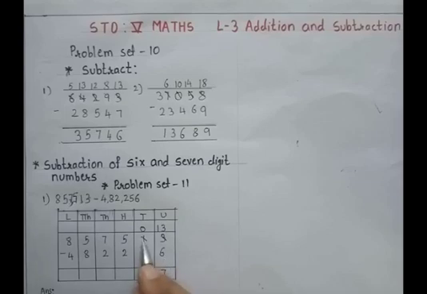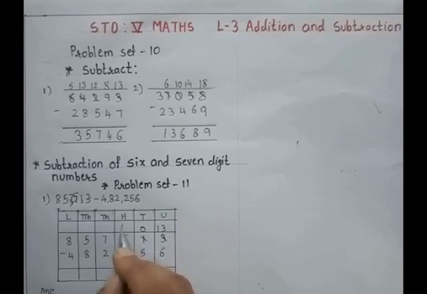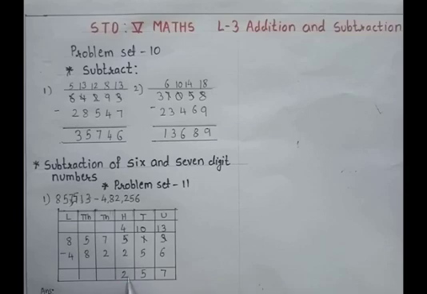Can we subtract 5 from 0? No. So we have to borrow 1 from 5. Cut 1, write down 4, put 1, we get 10. 10 minus 5, we get 5. 4 minus 2, we get 2. 7 minus 2, we get 5.